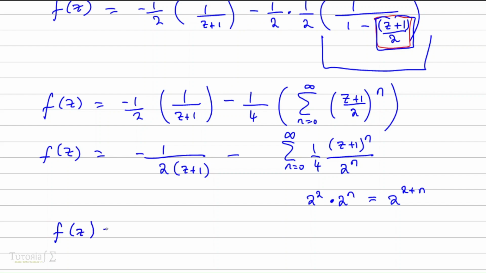So f of z equals negative 1 over 2 z plus 1 minus the sum from 0 to infinity. So this and this will add, so we're going to have z plus 1 to the power n all over 2 to the power 2 plus n.